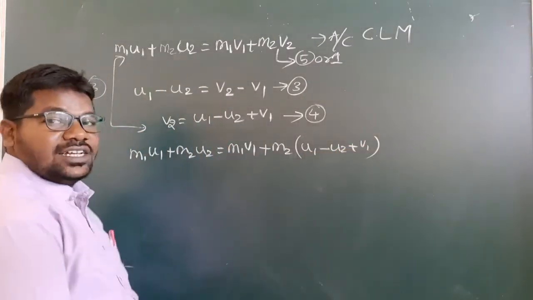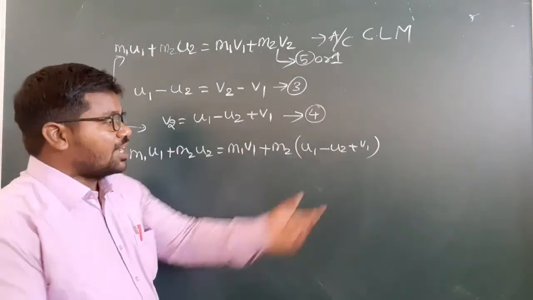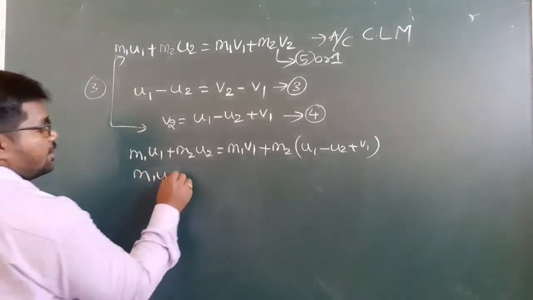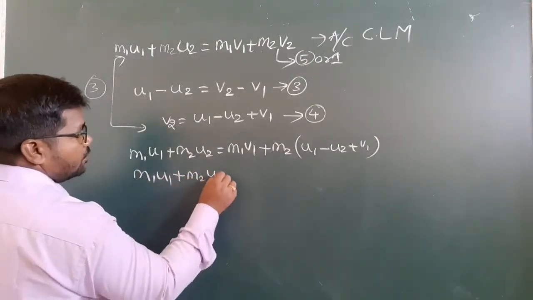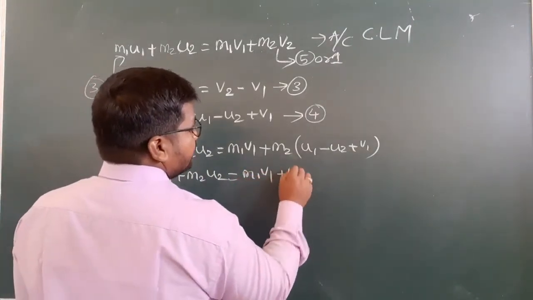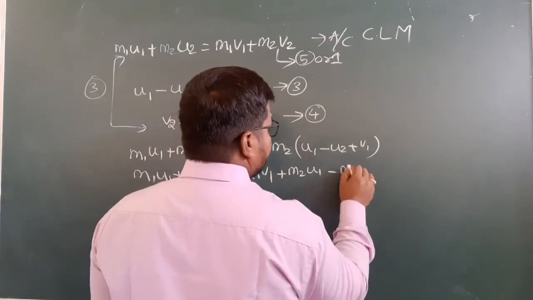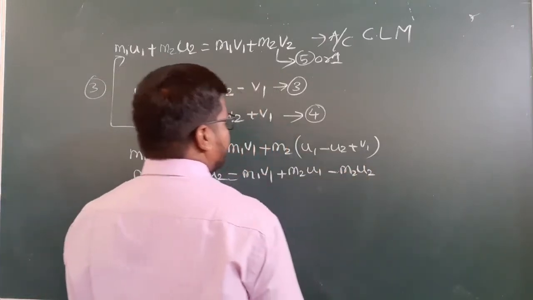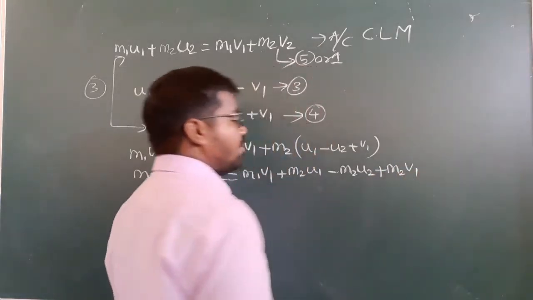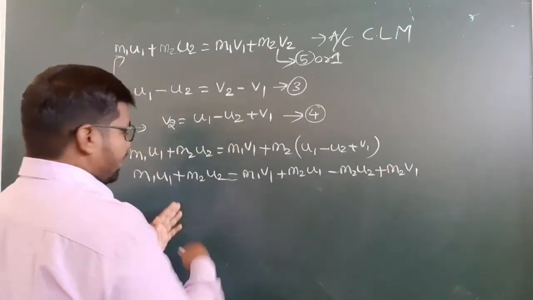Rearrange this; from this we have to find v1. So m1 u1 plus m2 u2 is equal to m1 v1 plus m2 u1 minus m2 u2 plus m2 v1.